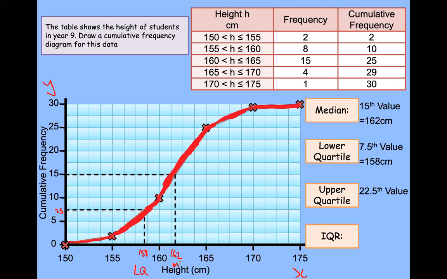And the upper quartile is 3n divided by 4, so 3 times 30 divided by 4, which is going to be 22.5, the 22.5th value, all right?